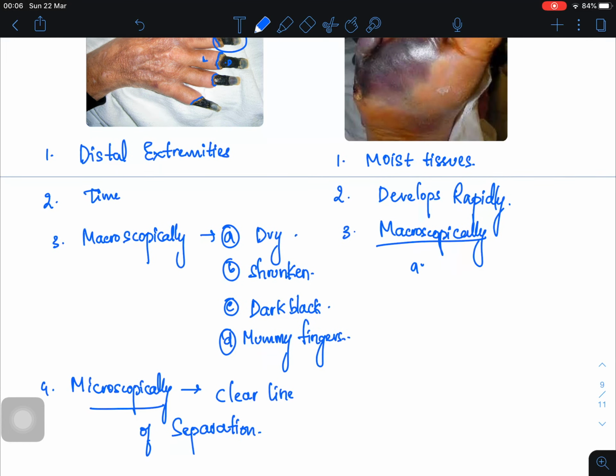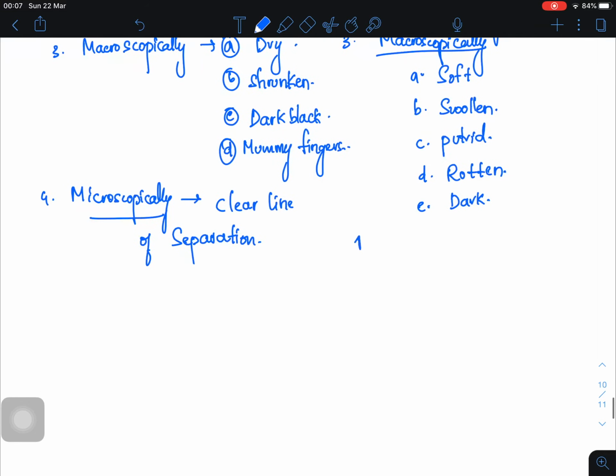So overall, what are the words we talked about before? We said it is soft, right? And it is not dry, it is swollen. Adding to that, when you burst it, a lot of putrid and rotten material comes out, and it is also dark in color. These are the macroscopic changes.